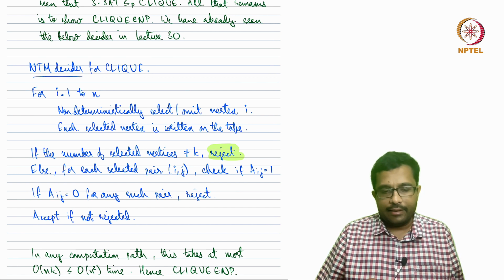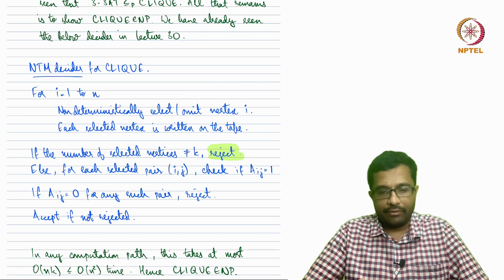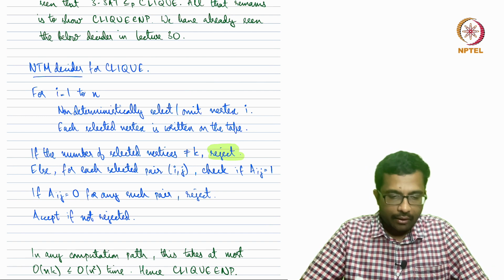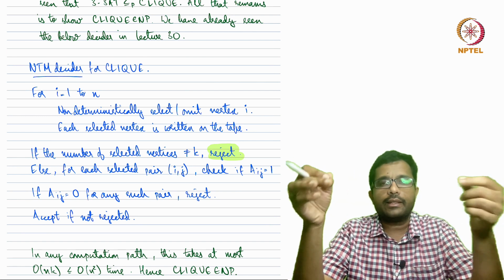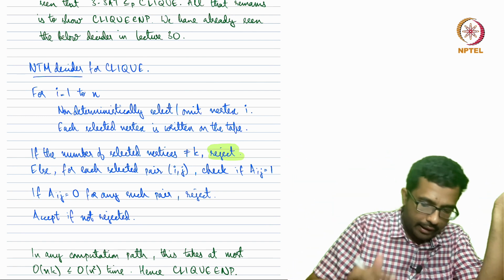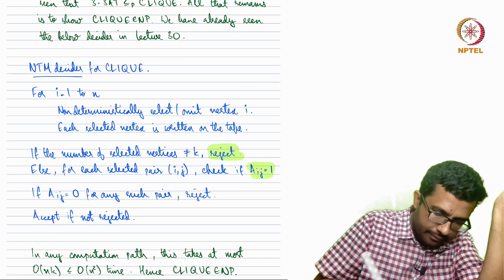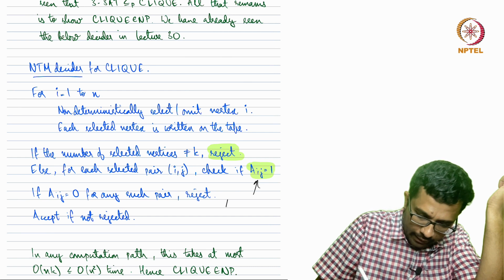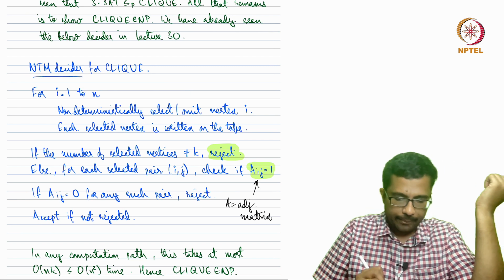If it has the desired size, we check whether it is a k-clique. We have already checked whether it has size k, and now we check whether it is a clique. For each pair of vertices, we check whether there is an edge. Here A is the adjacency matrix, and Aij is one if there is an edge.